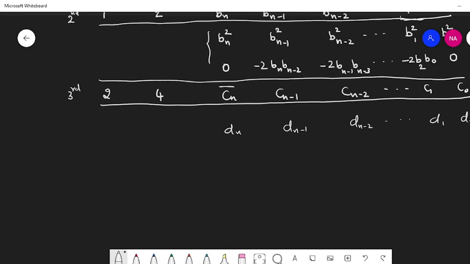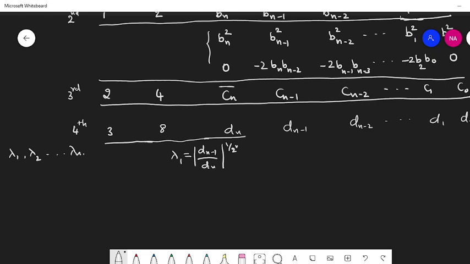So now suppose finally you got dn minus 1, dn minus 2, d1, d0 and so on. Then the roots of the equation are lambda 1, lambda 2, up to lambda n. Lambda 1 will be the modulus of dn minus 1 divided by dn, whole power 1 by 2 power m.